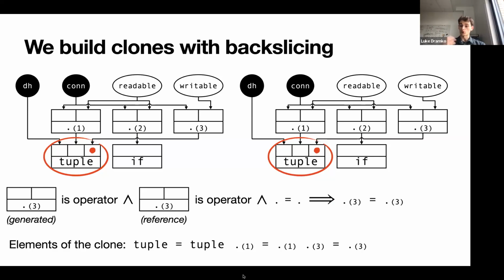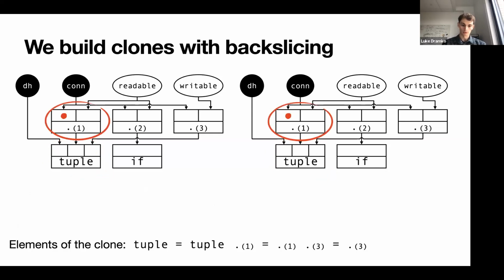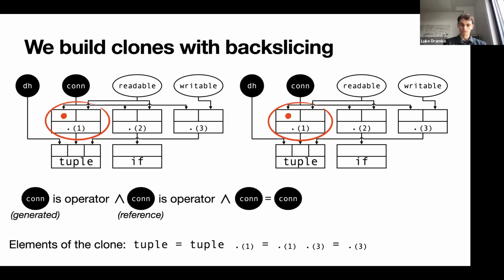Now, we said we do this recursively. So we've run out of arguments for tuple to have, but we've added some other operators to our clone. So we need to consider their arguments as well. So we'll add these arguments, the first argument of the first attribute access, but of course both of these are not operators, they're arguments, so these conditions aren't satisfied.